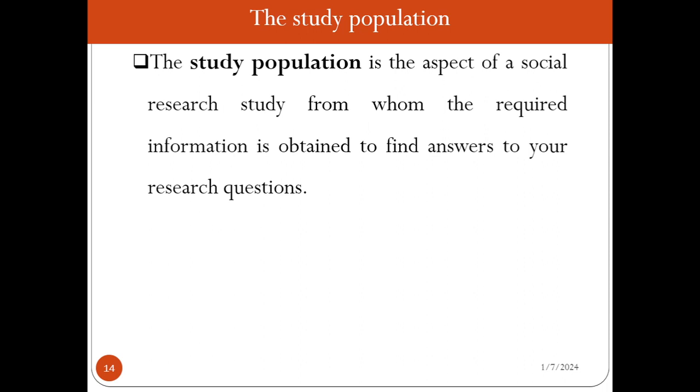A study population means the person or thing from which you are collecting data or information. So the study population can be people if you are collecting data from people. It could be things. It can be that aspect or that dimension of a social study from which we are collecting information or data.